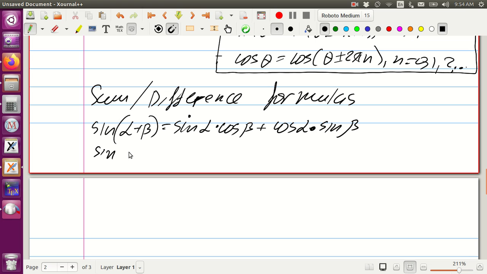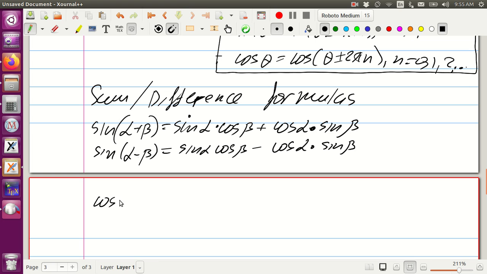And if you want to calculate sine of alpha minus beta, it's going to be sine of alpha cosine of beta minus cosine of alpha times sine of beta. So for sine, everything's straightforward. Plus and plus matches up. Minus and minus matches up. And here, sine, cosine, sine, cosine. It's easy to remember.